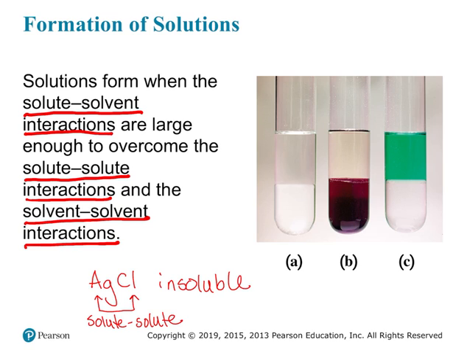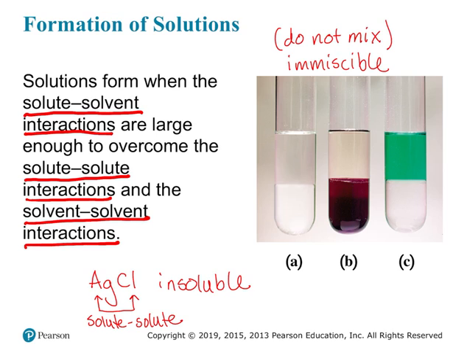So in the figure off to the right, you can see that there are different layers in these test tubes. What these layers tell us is that the solute and the solvent that we would normally see in a solution are not mixing. We say they're immiscible, so they do not mix.